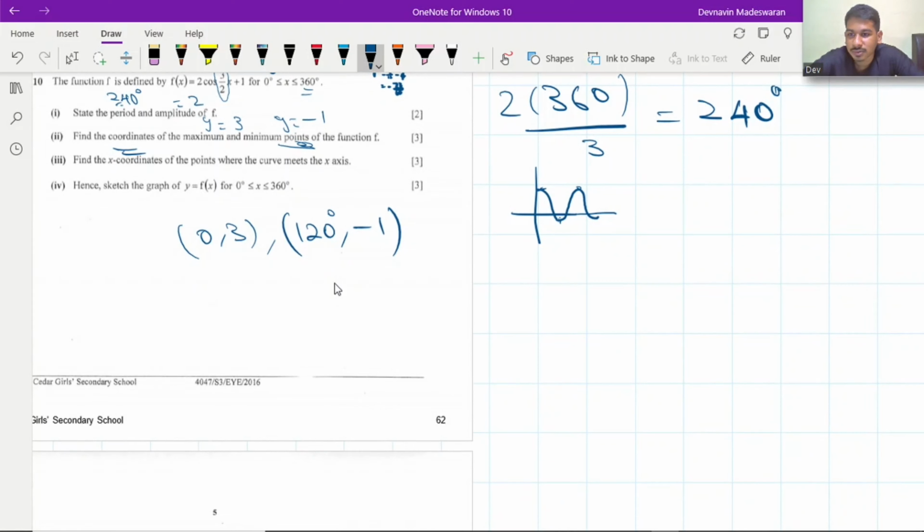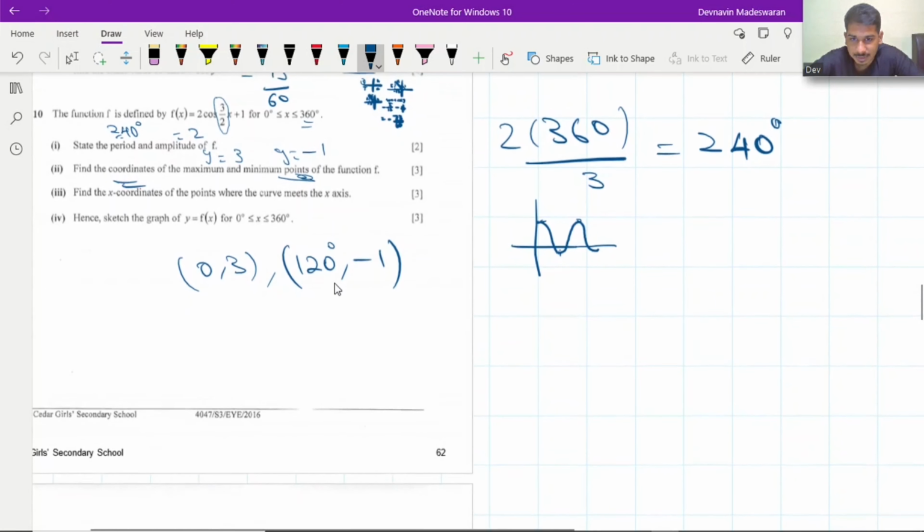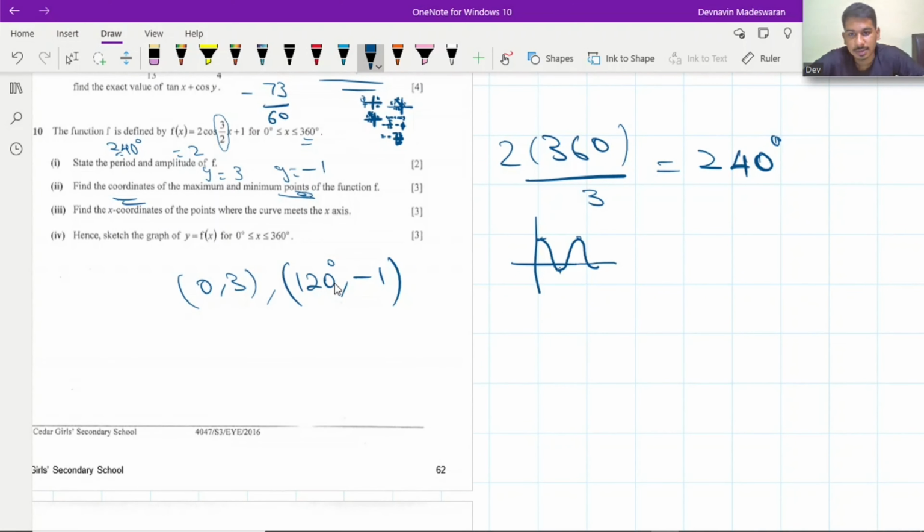And then they ask us to find the x coordinate of the points where the curve meets the x-axis. Oh, one sec. They want us to draw from this to that, right? So let's do 360.